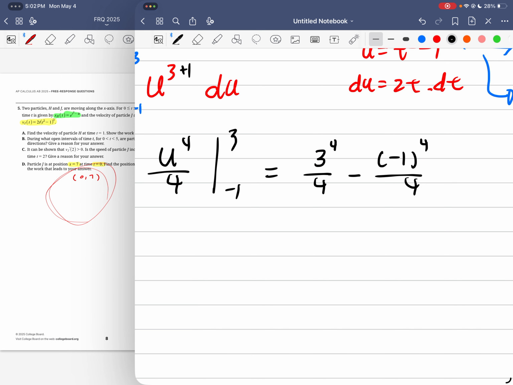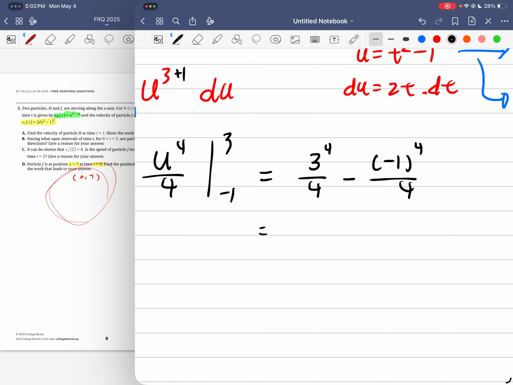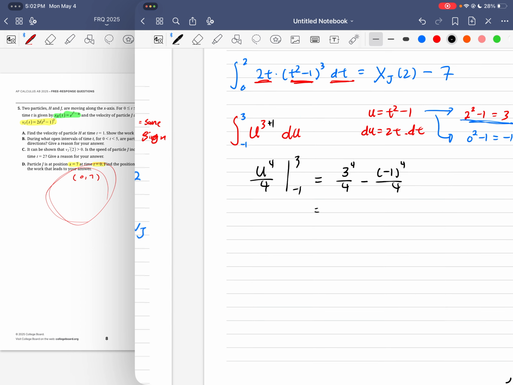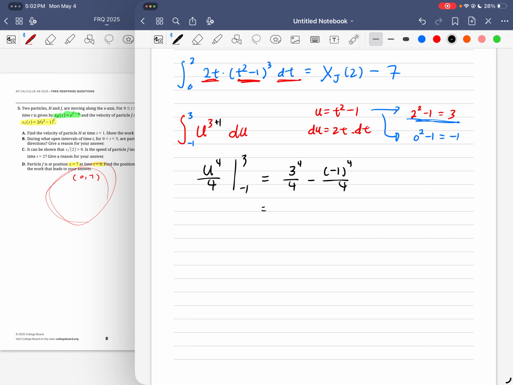Let's see if you can simplify this. I don't think you have to do it, but just in case. So this one, we already got what it is, so I'm going to write down 3 to the 4th power over 4 minus negative 1 to the 4th power, which is just positive 1 because it's an even number, over 4, is equal to x of j of 2 minus 7.